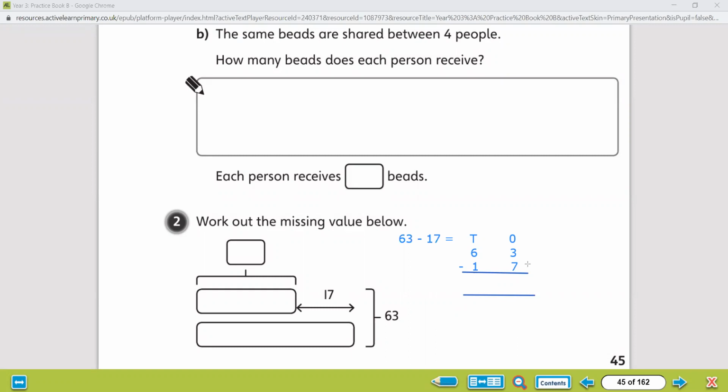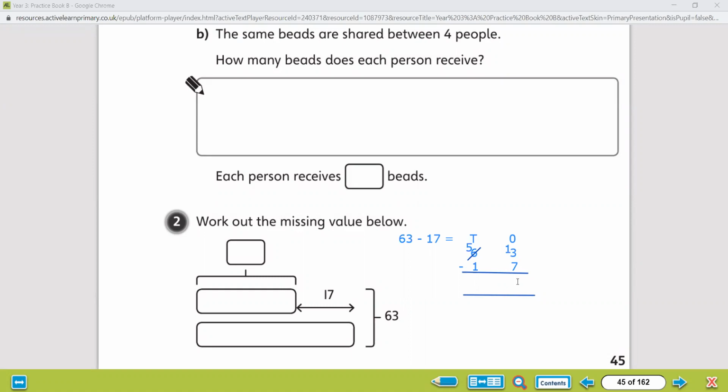No, you can't. So I've got to exchange. I'm going to cross out that 6 and I'm going to put 5. And I'm going to exchange that 10 ones. So I've now got 13 ones. Take away 7.